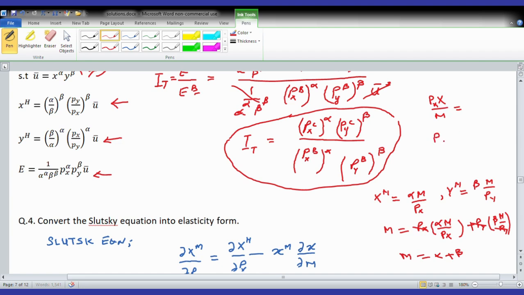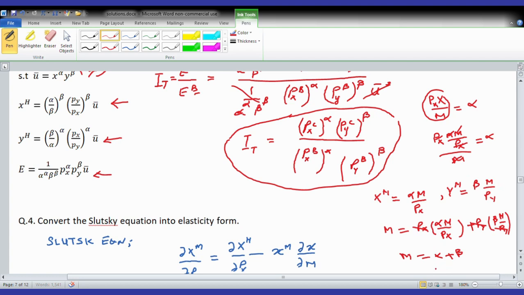In this equation, put the demand function alpha m over px, divided by m. Then px will get cancelled, m and m will get cancelled, and you will get alpha. So alpha actually is the share of income going into the consumption of x. Similarly, beta is the share of income going into the consumption of y.